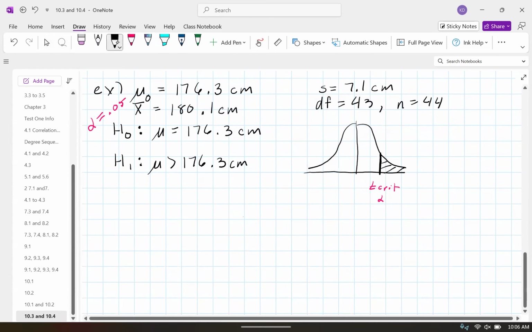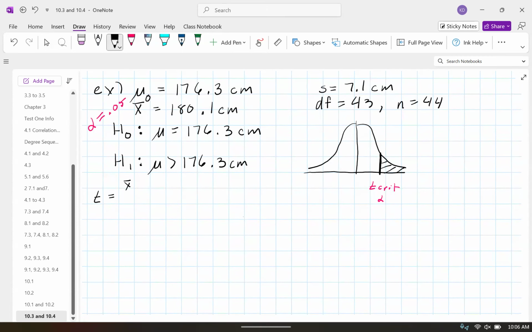So how we're going to calculate our statistic, we have to do this regardless. The t that we're measuring, our formula is x bar minus mu 0 all over s over root n. And this is a calculator problem.